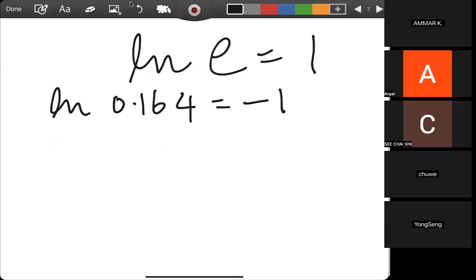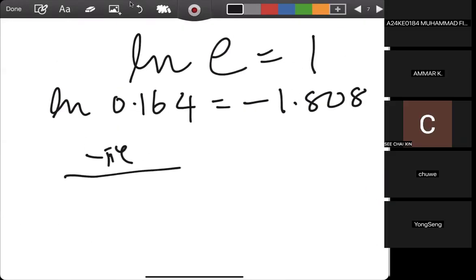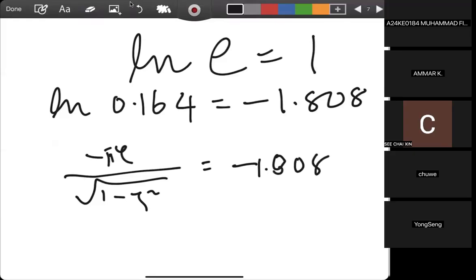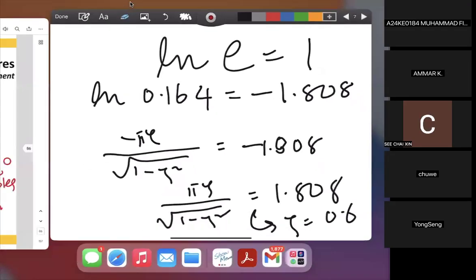So minus pi zeta. Okay, simplified. So you will get zeta which is equal to 0.6. Okay, all right.